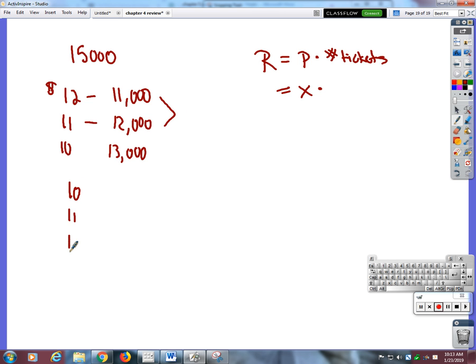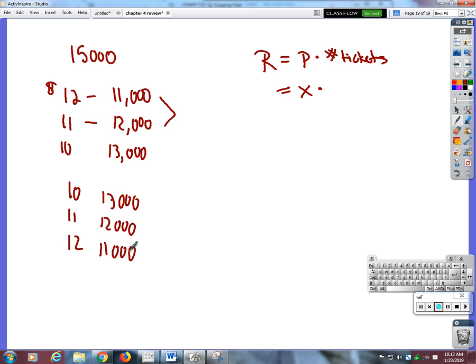Let me put these in the right order from larger to smaller. 11 and 12 are the same. Oh, yeah, right, because you multiply those together. So these are going down by 1,000 each time, right?